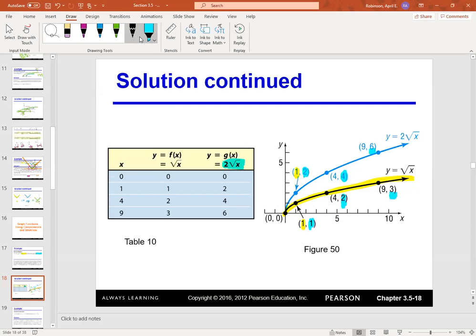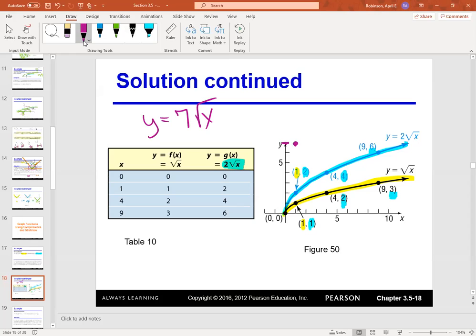And what happens is it makes this graph stretch up. It's actually stretching closer to the y-axis. If I had y equal to 7 times the square root of x, then instead of 1, 2, I would have had 1, 7, which would have been right here.